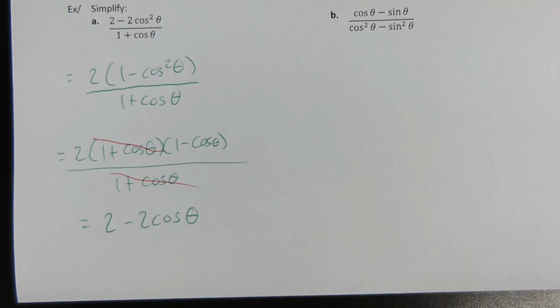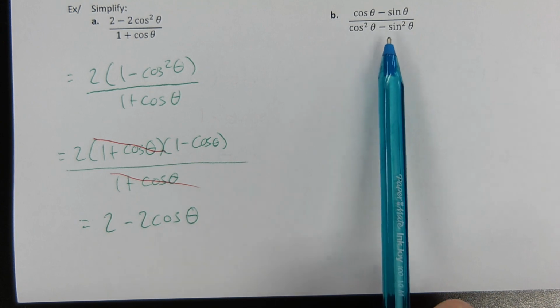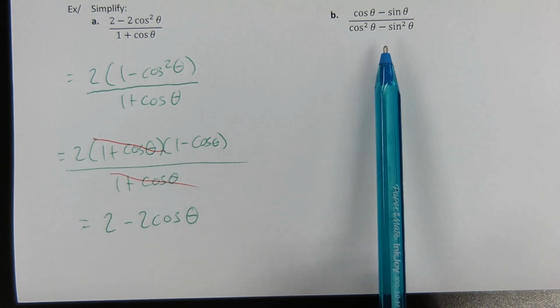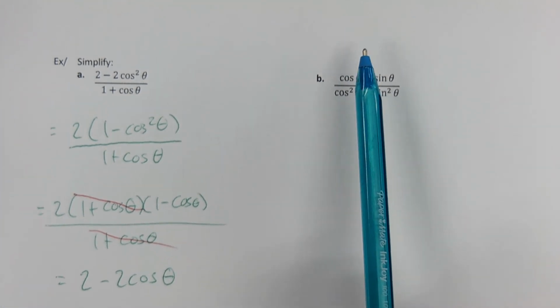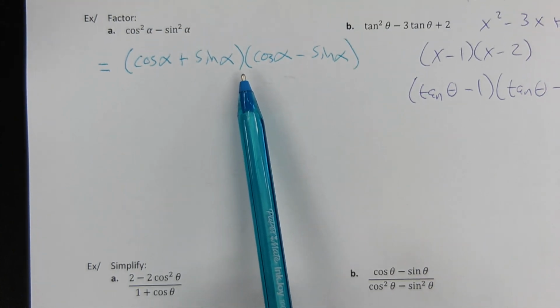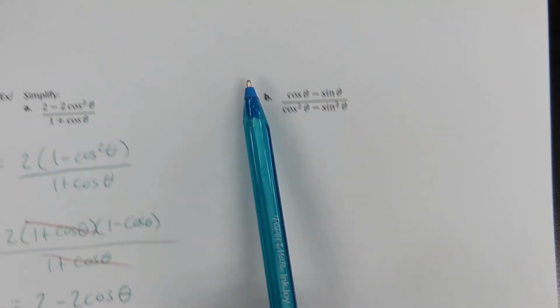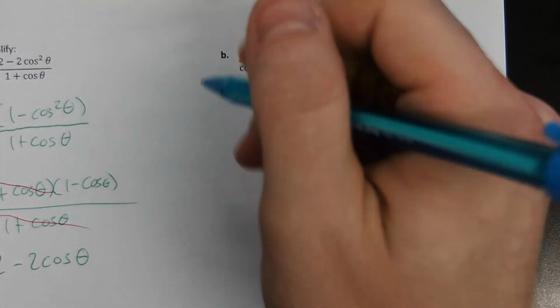And the last one. The bottom happens to be the difference of two squares that we already factored right here. So just going to do it again.